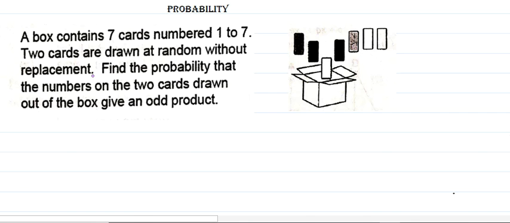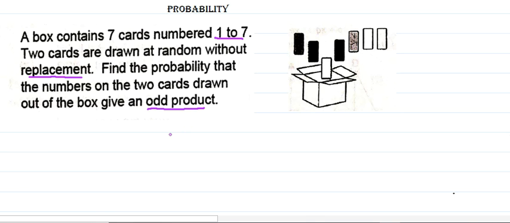In this question, we are told that a box contains 7 cards numbered 1 to 7. 2 cards are drawn at random without replacement. So that's very important. Find the probability that the numbers on the 2 cards drawn out of the box will give an odd product.